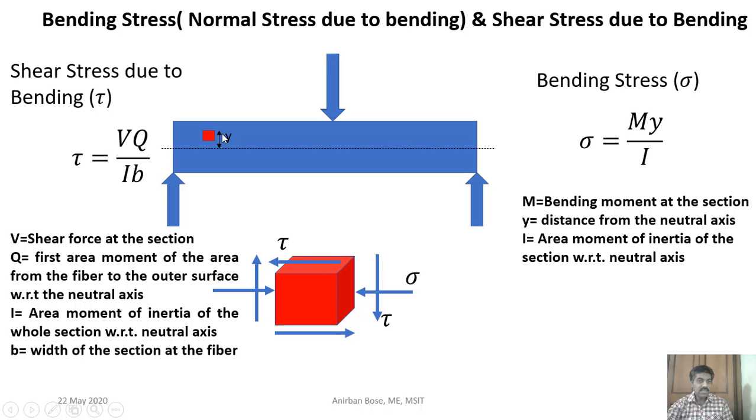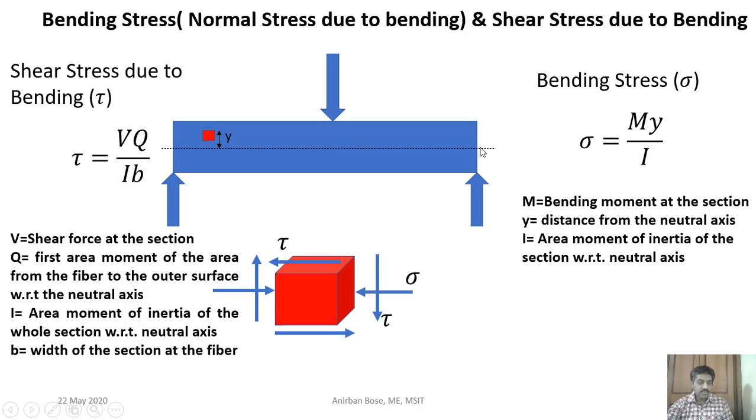And you can see that shear stress is again not the same throughout the cross section. Rather, shear stress is 0 at the top or the bottom fiber, but the shear stress is maximum at the neutral axis, because from the neutral axis you will get a much larger area.